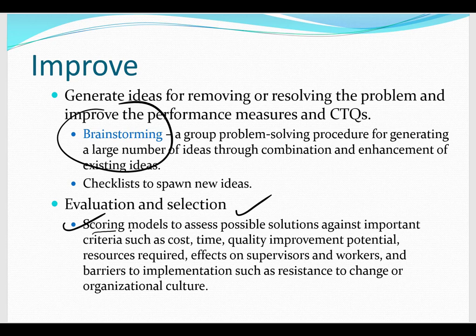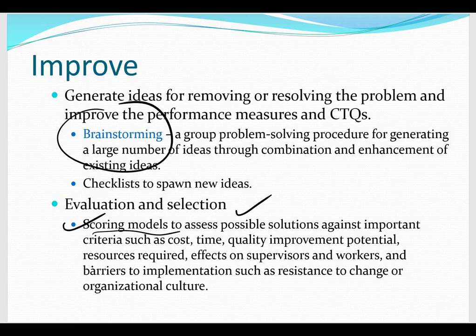Some kind of a scoring model generally is used, where you have different criteria that you gauge or compare the different solutions against. The criteria could be economic, it could be the impact on people, it could be the appropriateness of the process for the customers' expectations.